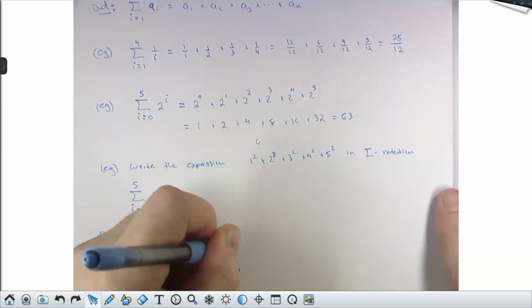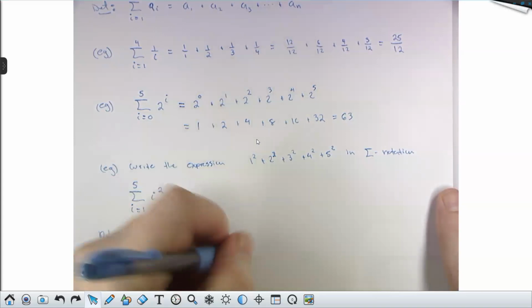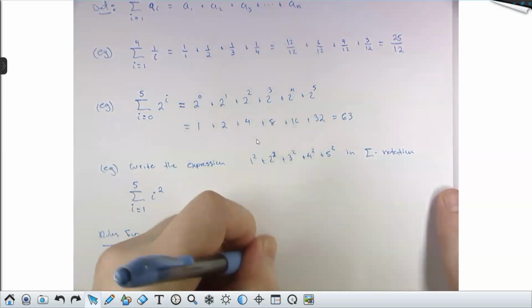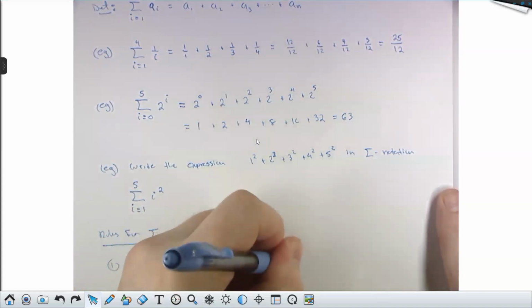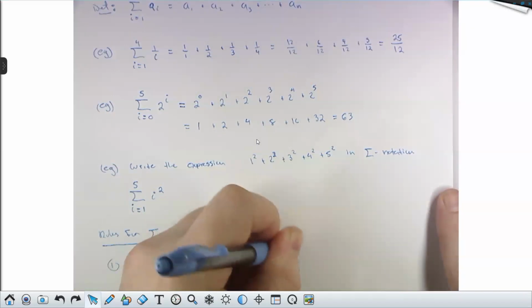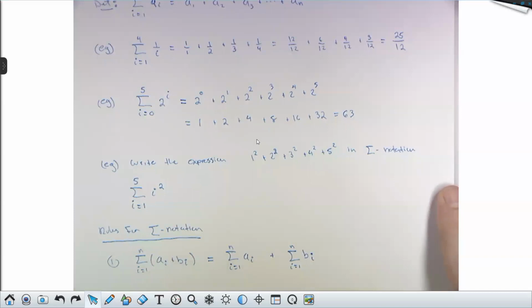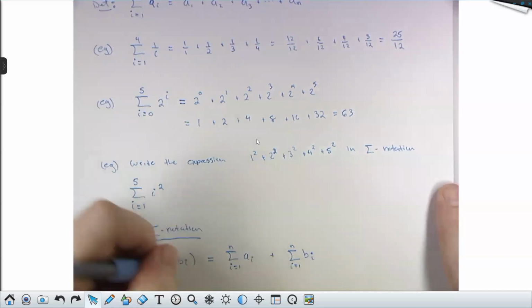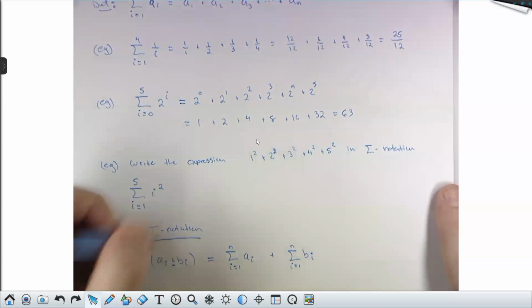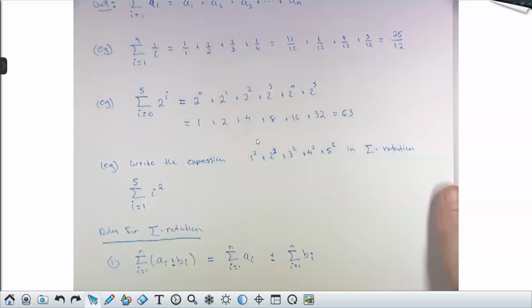You could write that as the sum from I equals 1 to n of ai plus the sum from I equals 1 to n of bi. And as is usually the case with this sort of thing, if this were a minus in here, this would be a minus out here.